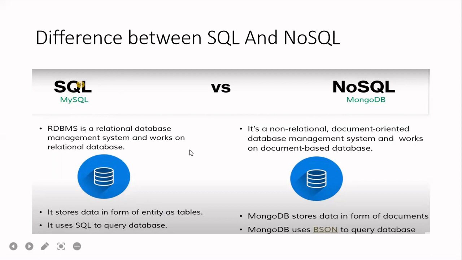And NoSQL is a non-relational database and document-oriented database management system and works on the document-based database. In SQL, it stores data in the form of entities as tables, and in NoSQL, MongoDB stores data in the form of documents. SQL is used to query the database, and in NoSQL, MongoDB uses BSON to query the database.